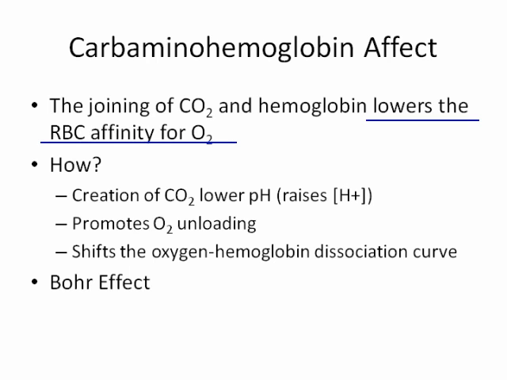And so what it does is it lowers the pH, increases the amount of hydrogen ions, and it promotes unloading. And so when pH drops too low, oxygen tends to unload. And that's not something that we necessarily want to see. It's a shift within the oxyhemoglobin dissociation curve.